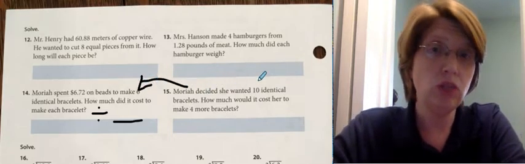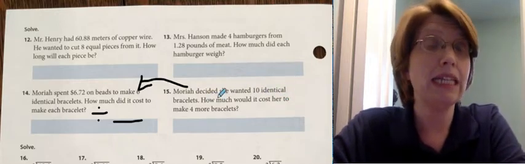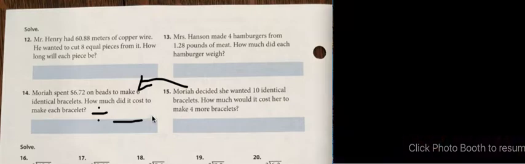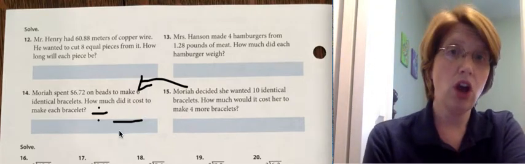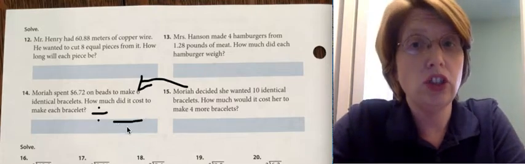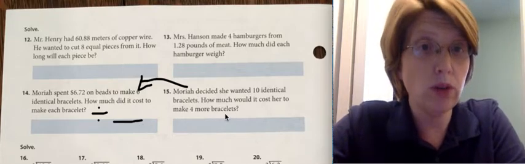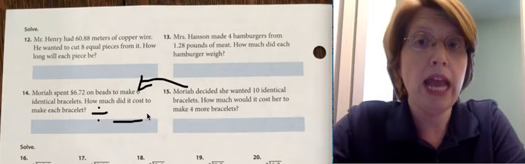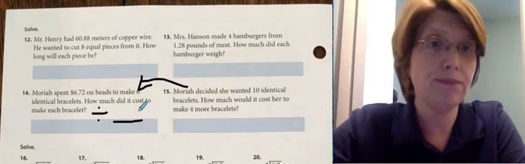Mariah decided she wanted 10 identical bracelets. How much would it cost her to make 4 more? So the answer that you got previously would be the cost. You're going to take that answer and multiply it times 4 because she wants to make 4 more. And what you found was the individual price. Okay?